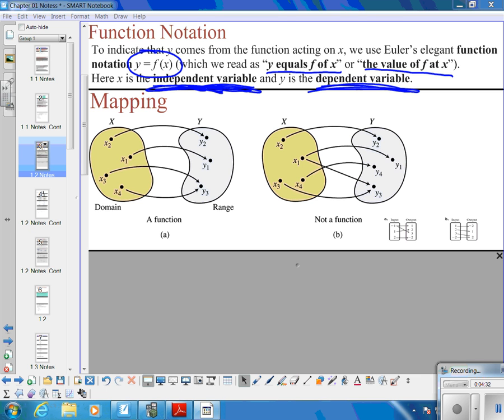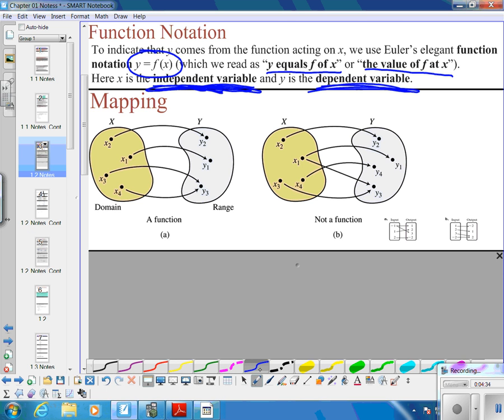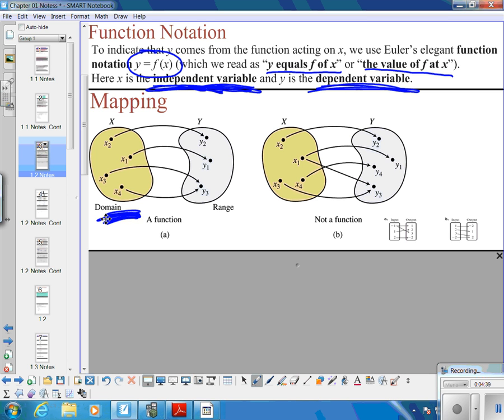You can see that in this mapping. Over here, the domain is the x values we have. You can see how this x sub 1 goes to y sub 1, and x sub 2 to y sub 2, and everything just goes to one value. Every x will give you one y value back out.